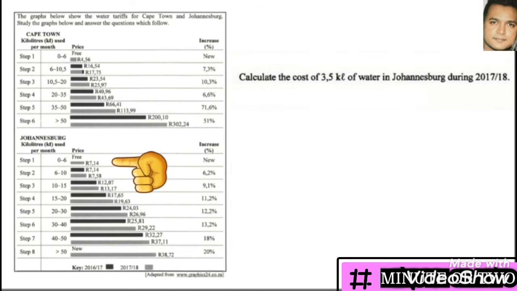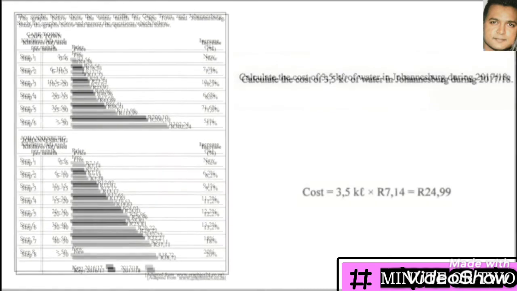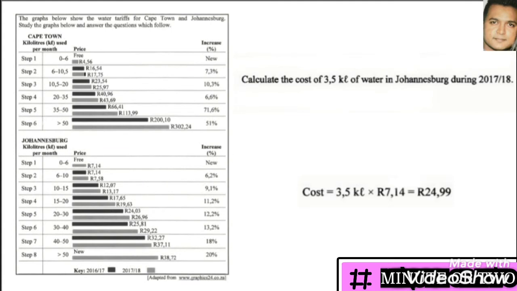We also know that our focus will be on the lighter bar graph and we find that the tariff is 7 Rand 14 cents because this is the 2017-2018 year. In working out our costing, we take the 3,5 kiloliters, which is the amount of water, and we multiply it by the tariff of step 1, 7 Rand 14, and we arrive at 24 Rand 99.